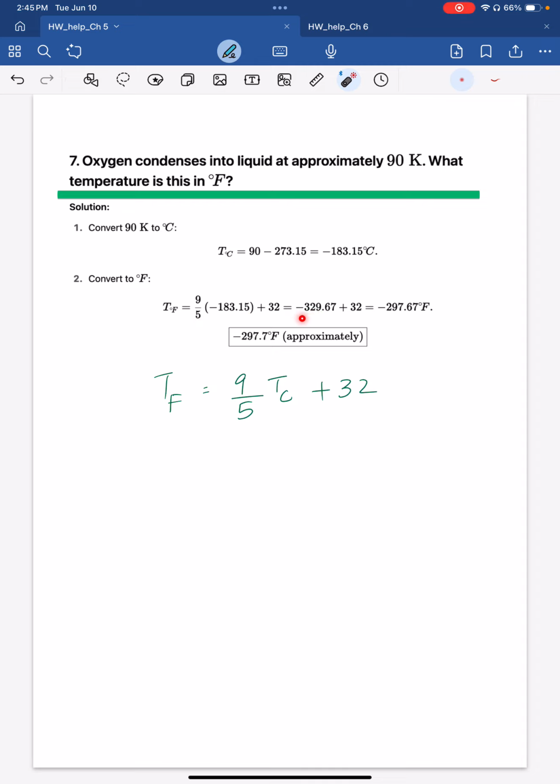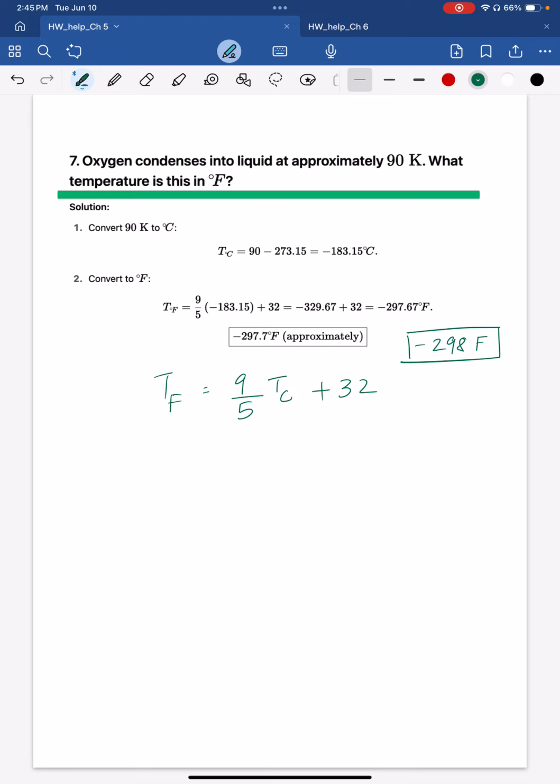It's going to be negative, and then plus 32 will give you that. And then if you go by sig figs, there's only two here, so it should have been negative 300 Fahrenheit. But even if you did not take 0.15, that's okay. So your answer could be negative 298 Fahrenheit or negative 300 Fahrenheit. Doesn't matter.